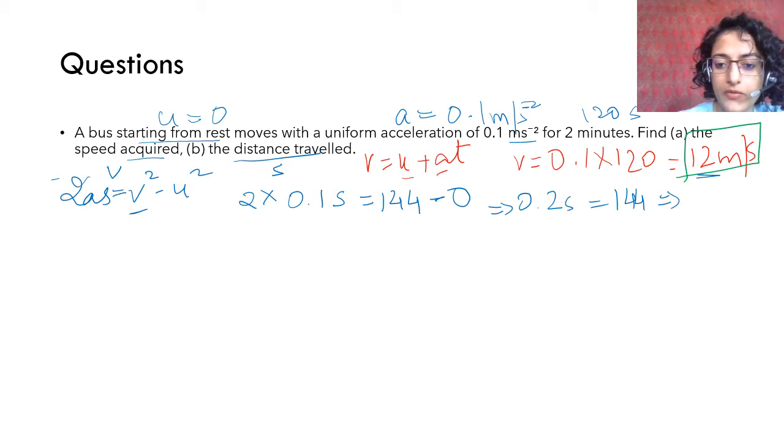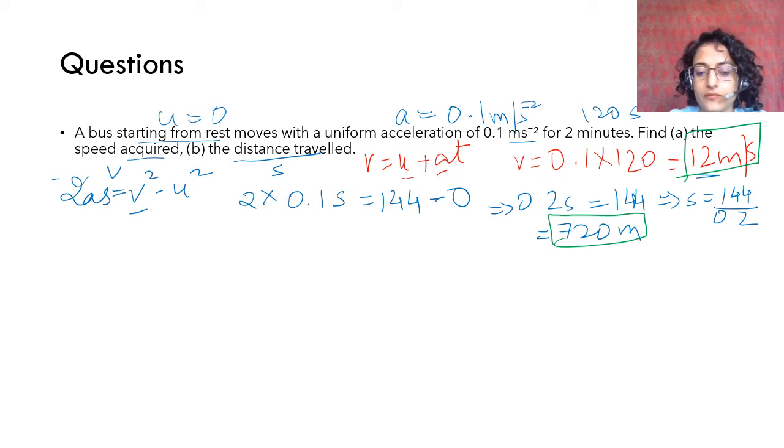Therefore the distance traveled is s is equal to 144 upon 0.2, which is equal to 720 meter. Okay, this is your part B. All right, understood? Simple calculation, there is nothing complicated in this.